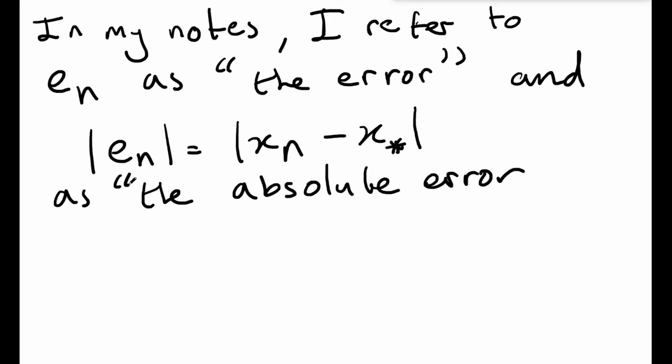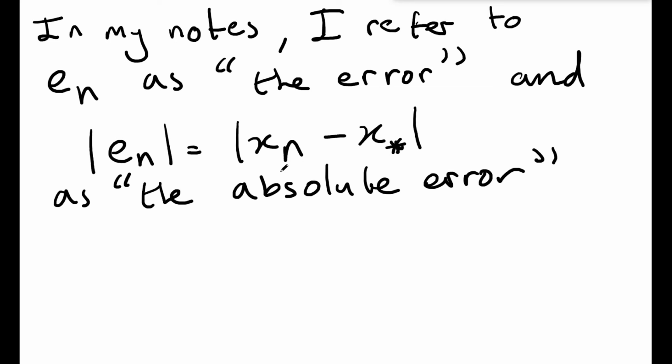Now this is where I've made a particular choice about my definitions. Some books out there might just call the absolute value of the error the error. I just felt it's clearer to do it this way, so as long as I'm clear about what I'm doing, but beware, there'll be other treatments out there in the literature.